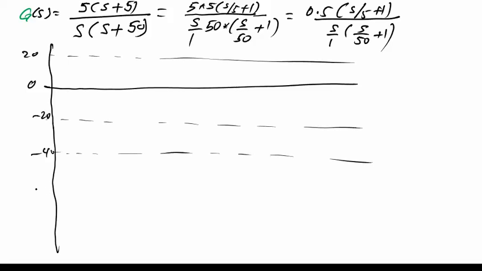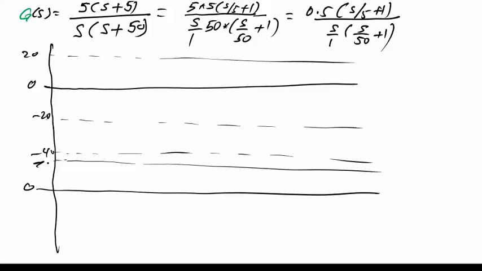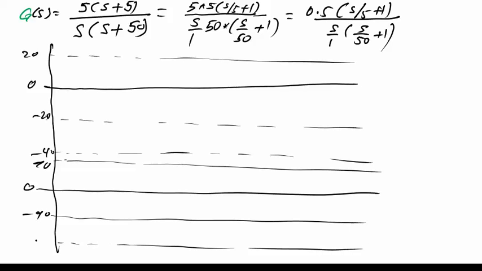Let me use here the 0 angle for the phase plot, and I will use here 90 degrees, this is minus 90 degrees, and this is minus 180 degrees. I don't actually need the 180, but let me do it. Now let us take the first term, 0.5. What is the log of 0.5? 20 log 0.5.